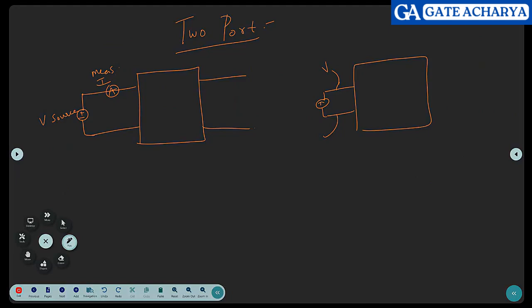A source can be a voltage source or a current source, and the measurement can be a voltage measurement or a current measurement. It is up to the engineer to choose wisely.